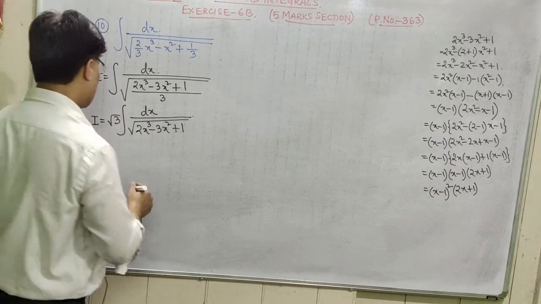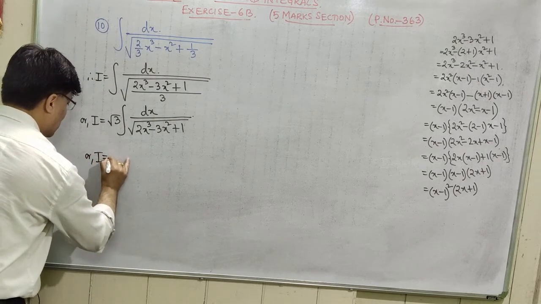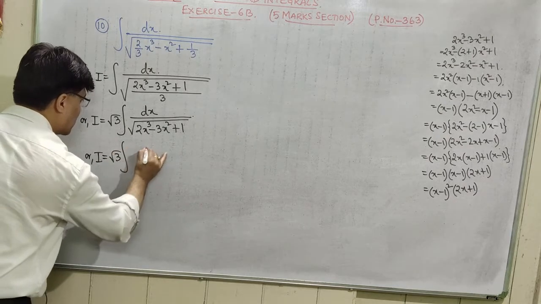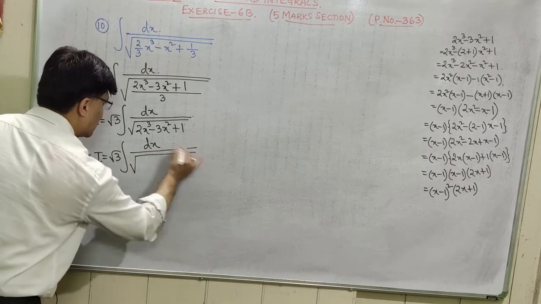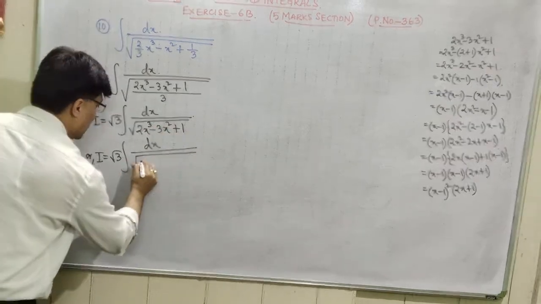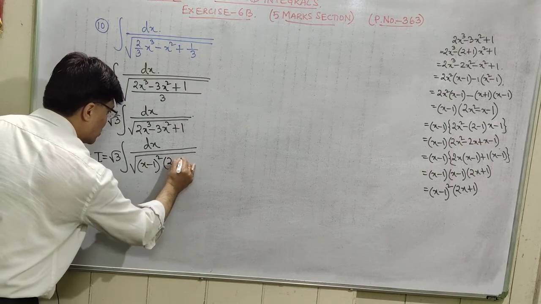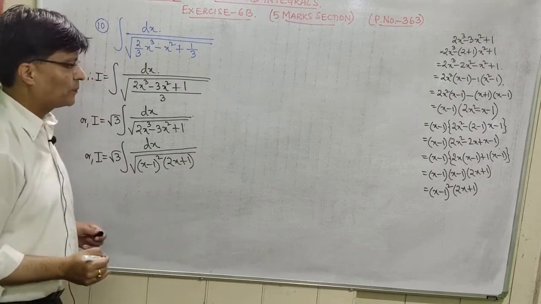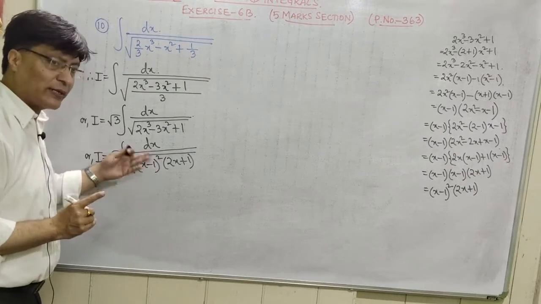Okay, so let us put it out here. So I is equal to root 3 integration of dx divided by within square root. What is this factorization? It is x minus 1 whole square into 2x plus 1. Is that clear? So within the square root, x minus 1 whole square can be simplified.